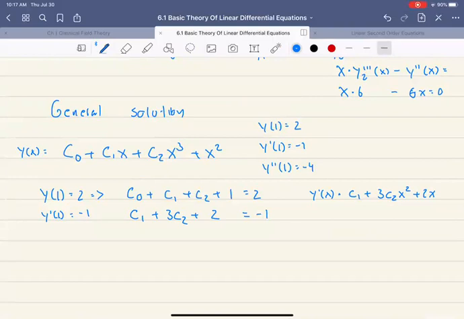Okay, now y double prime of 1. So y double prime of x equals 6C2 x plus 2. Okay, so y double prime of 1 equals negative 4 is going to give us 6C2.